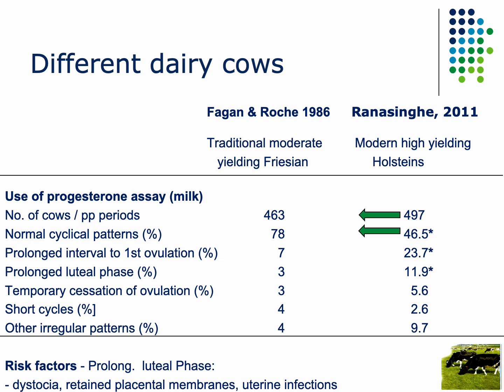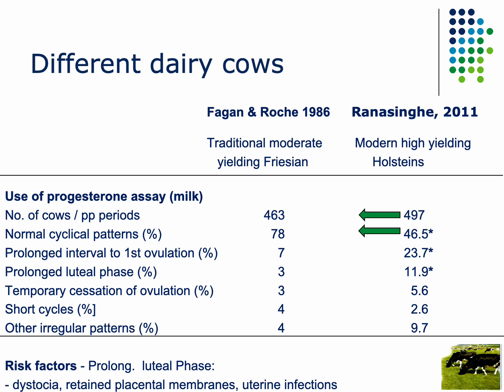What happens in the different types of dairy cows that we have? We have the traditional moderate yielding Frisian, British Frisian, versus the modern high yielding Canadian or American, North American Holstein. And if you then look at how they cycle and do they cycle normally, there is a huge difference in the normal cyclical patterns between those two different types of cows.